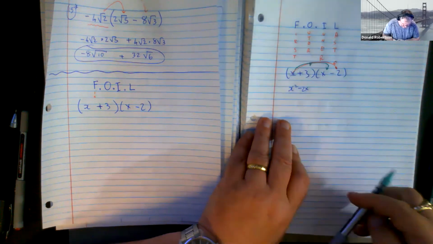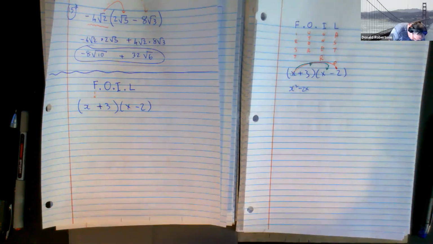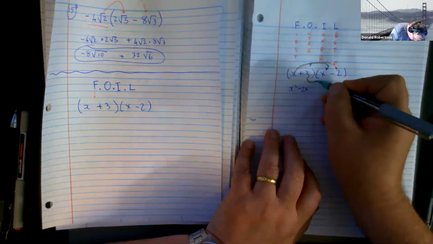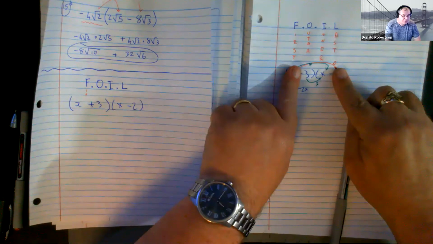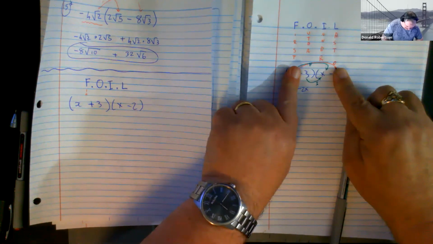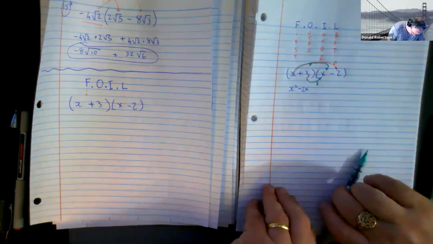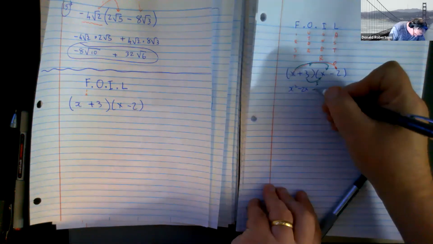Okay. The next two guys are going to be the inner, and the inner are these two guys. So that's I, the two guys inside. And 3 times x in this case gets me positive 3x.